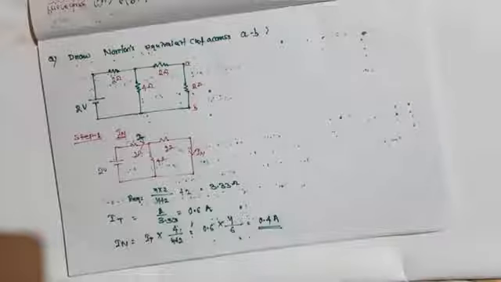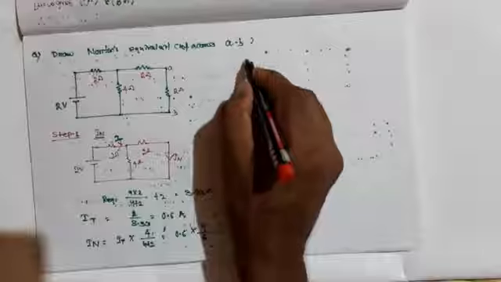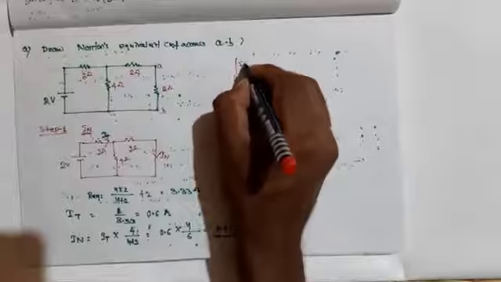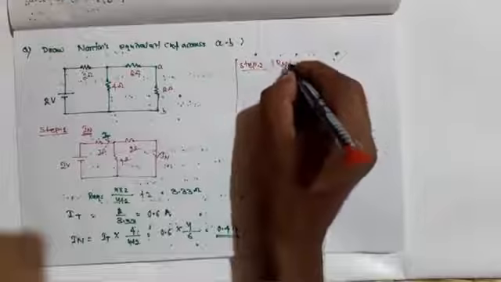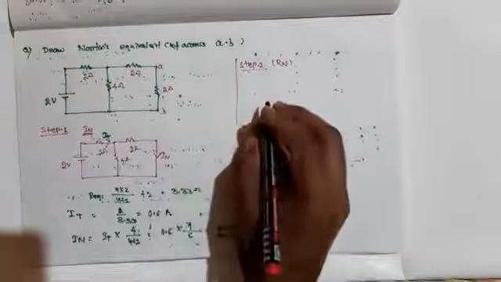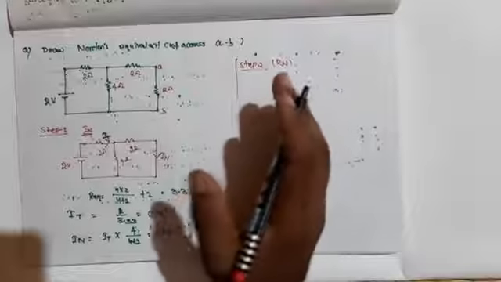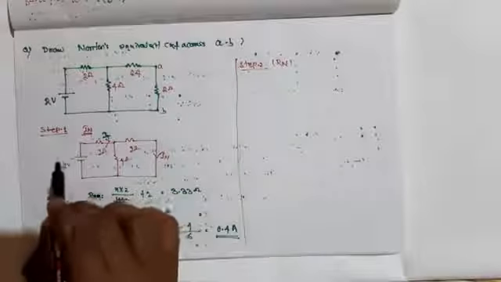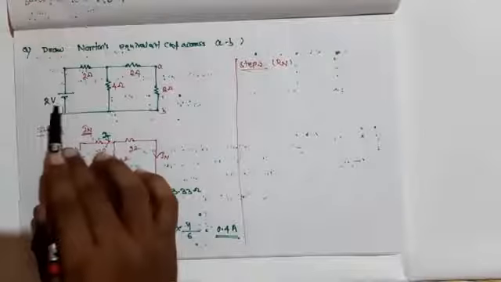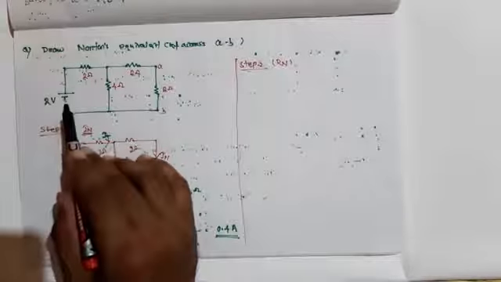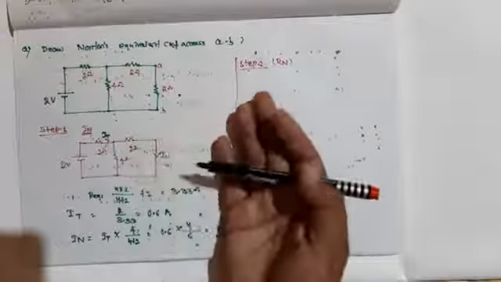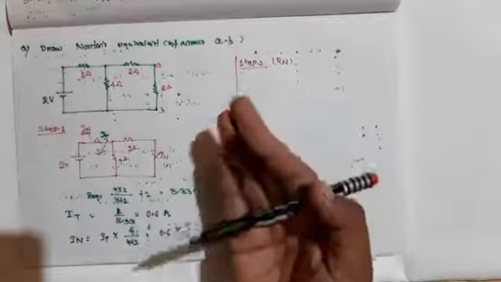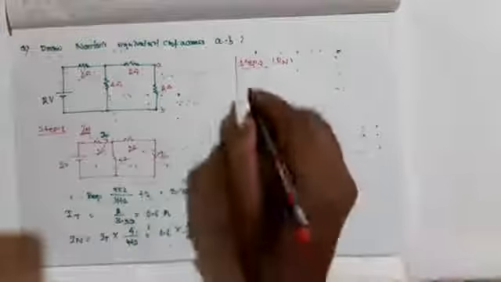Our next step is finding RN, the equivalent Norton resistance. For this, we need to deactivate all independent sources. Here we see only one independent source, a voltage source. For a voltage source, we need to short circuit, because when we short circuit there is no potential difference, so the voltage source is deactivated.